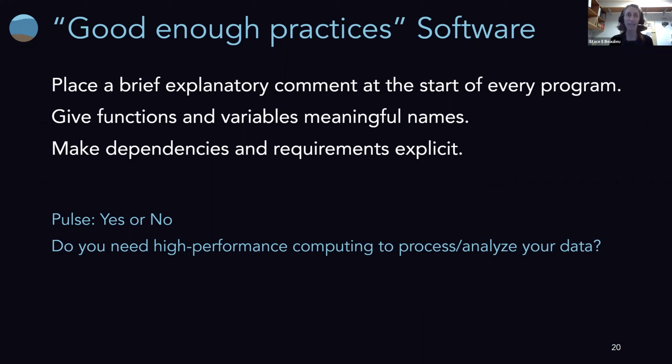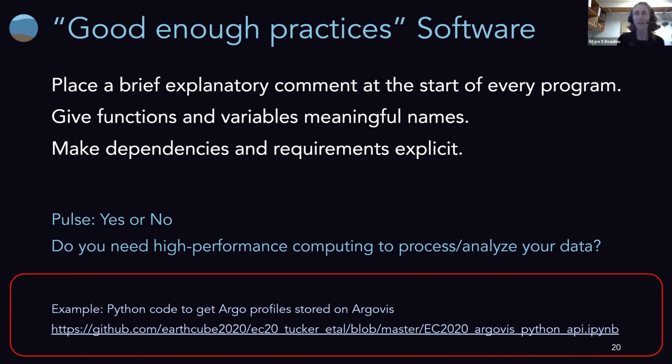And then I'll provide an example within our networks. In this example that I'm linking you to, this is a notebook that was created for the US EarthCube program, and it is Python code that helps you to get Argo profiles stored on a data server called ArgoViz.